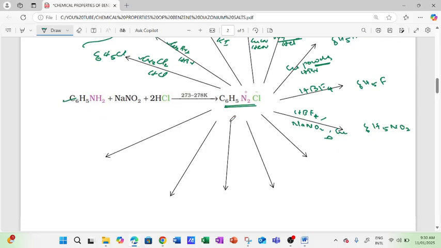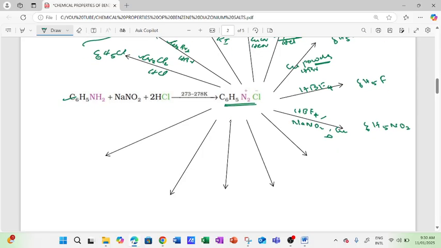So we get fluorobenzene and nitrobenzene from aniline. Then when you add water and warm the reactants, we get phenol, benzene with the OH. So that is aniline to phenol: first aniline to diazonium salt and then to phenol.